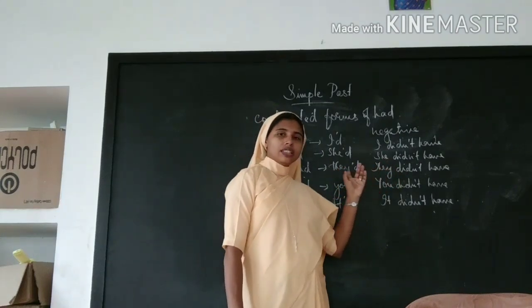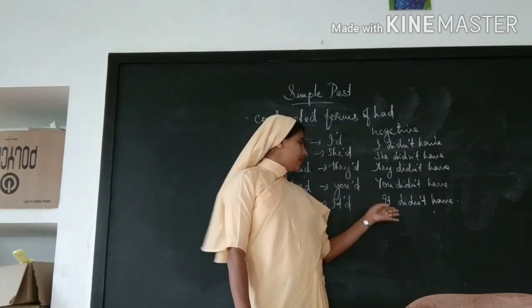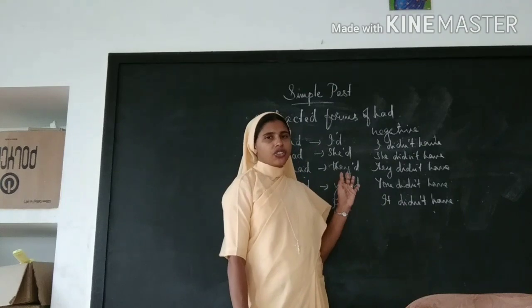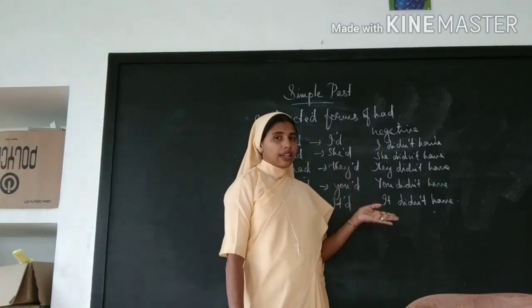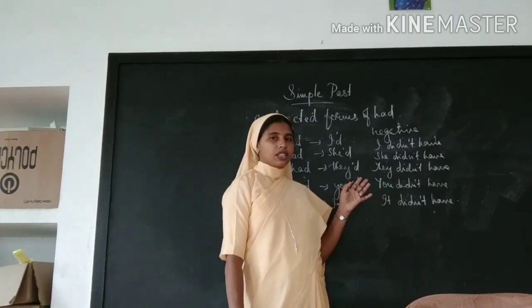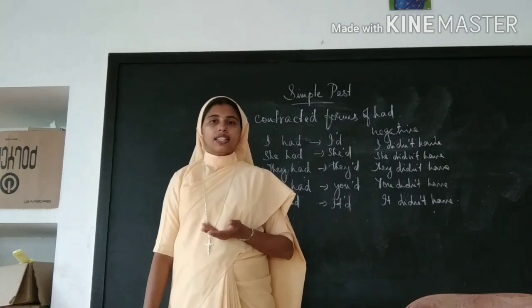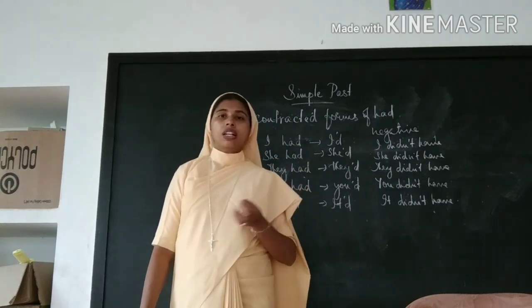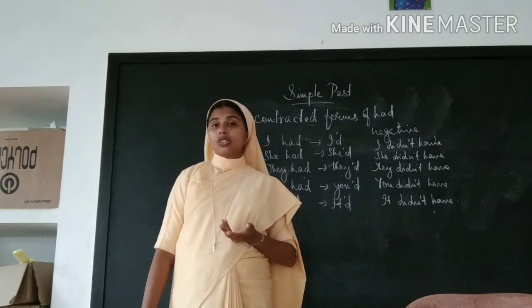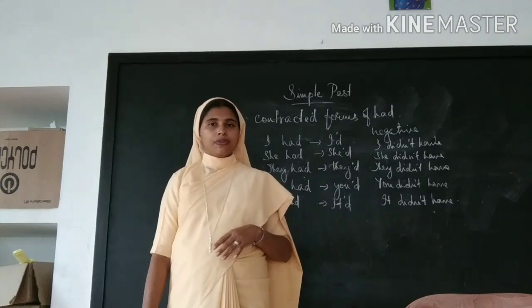They didn't have, they hadn't. You didn't have, you hadn't. It didn't have, it hadn't. And these are the contracted forms of have, and they will be used in simple past tense. Especially when we talk, if it is a conversation, we don't use the full forms. This is the way that we can use the short forms, contracted forms.